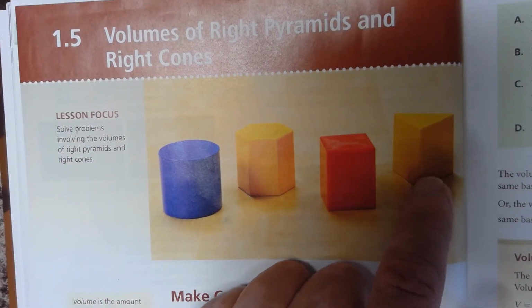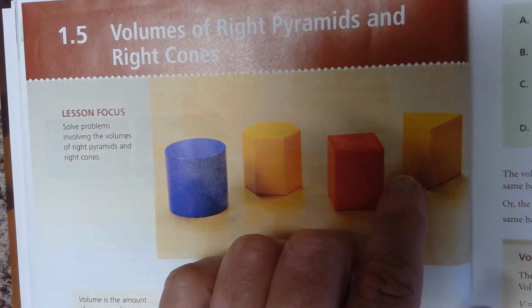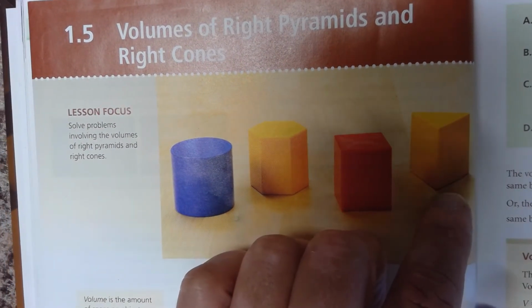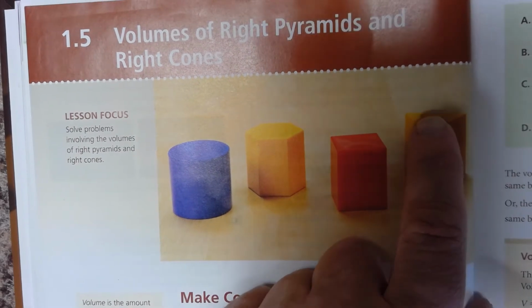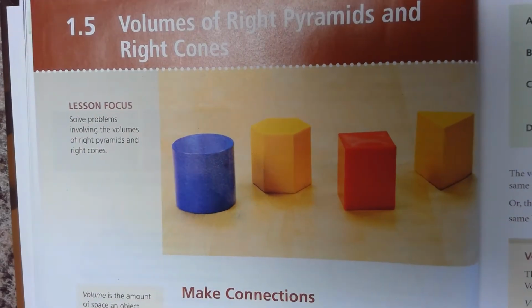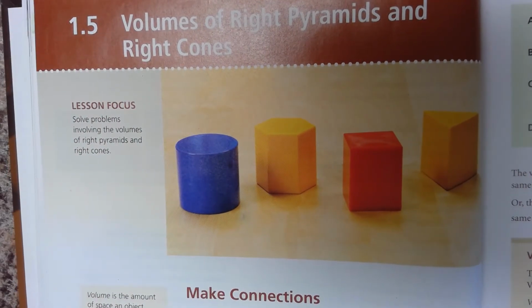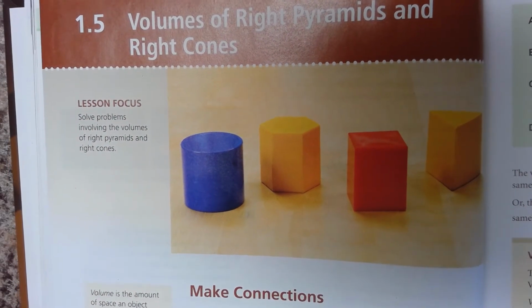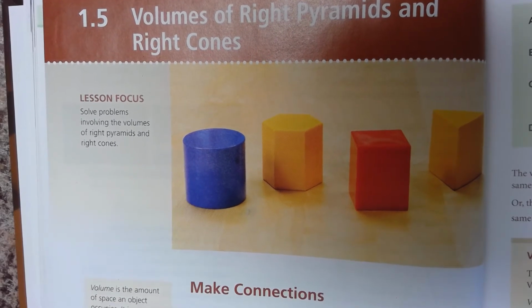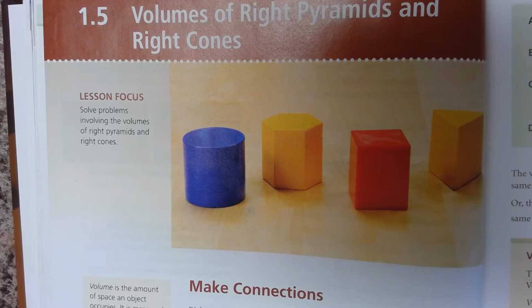The triangular prism over here is, of course, you take the bottom base and its height, base times height divided by 2, and then times the entire length to get that volume. So essentially, the area of the base times the height gives you the volume of any of these shapes. And the volume is simply how much can you put on the inside?